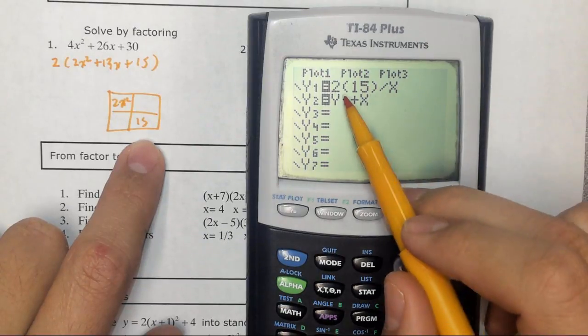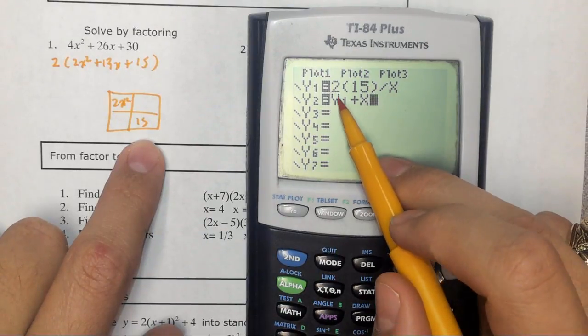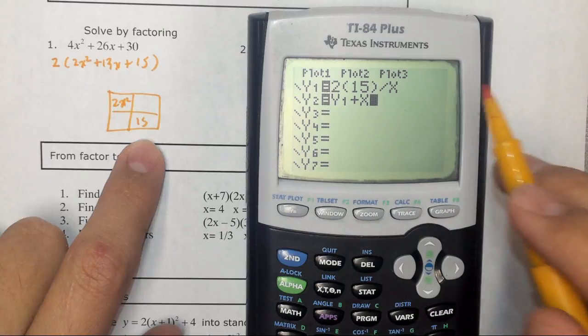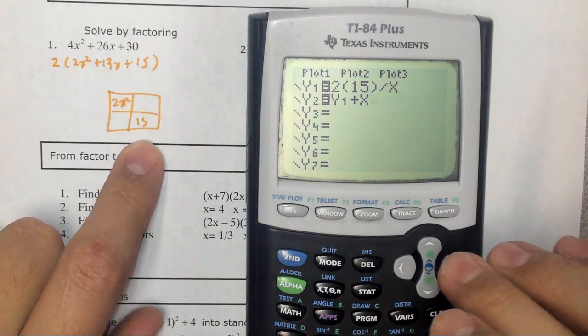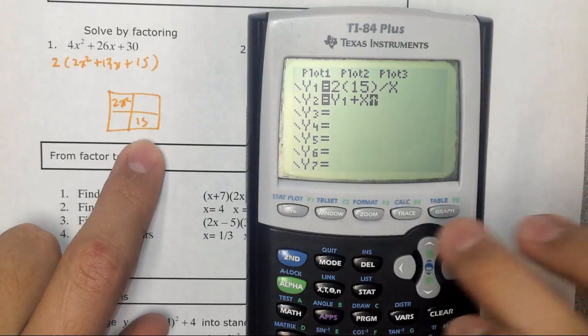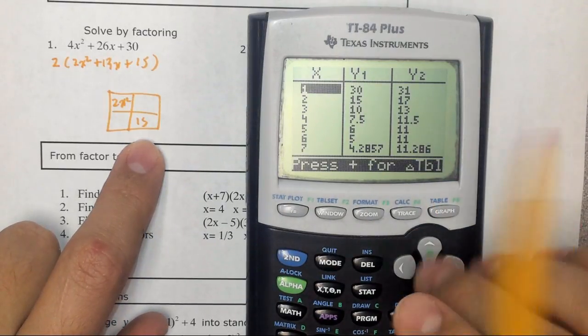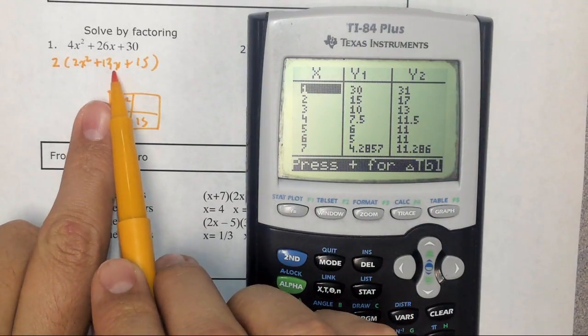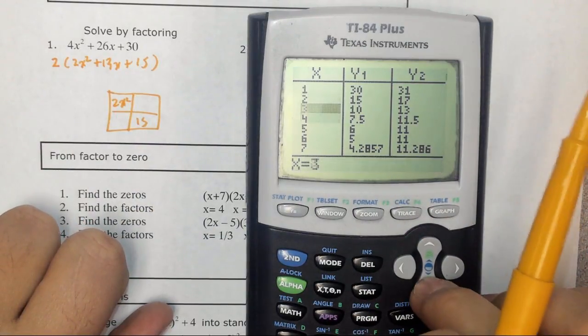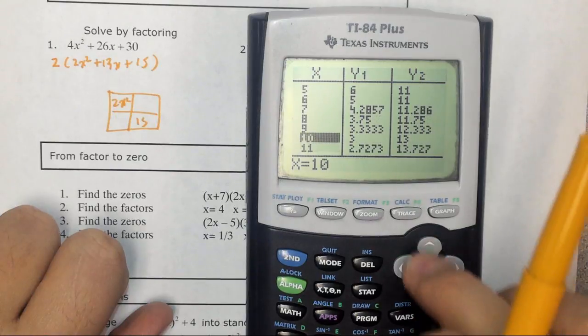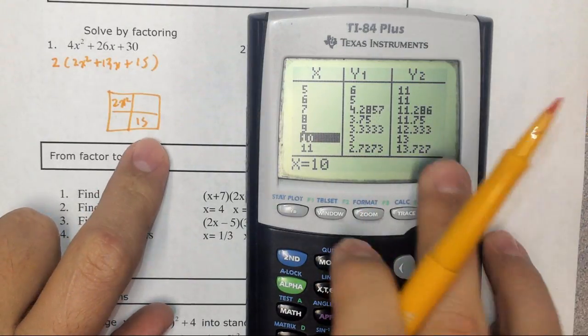Most of my kids just retype the parentheses of 15 divided by x, or you can do it that way here, depending on how your teacher taught you. And I'm just going to go to the table. And I am looking for 13. And do I see it here? There it is. 10 and 3.